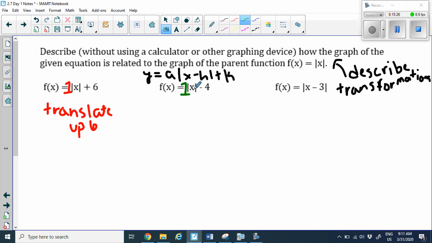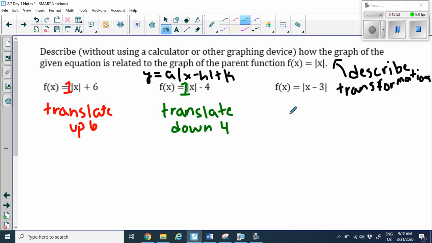So there is no horizontal shift, but I do have this minus 4 that deals with the k value. Whenever we have a minus k, remember that means we translate down. So in this one, I would say translate down. What I would advise is making sure that you have your summarization sheet with you because it makes it a lot easier to figure out what our transformations are.